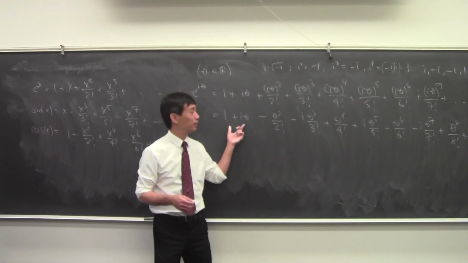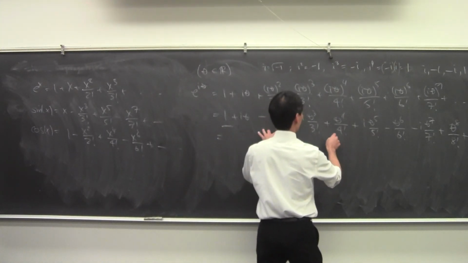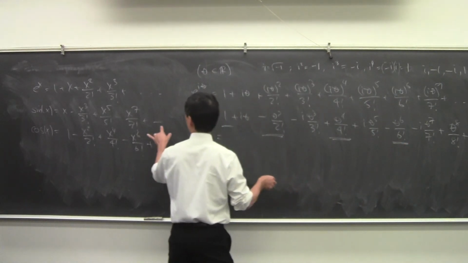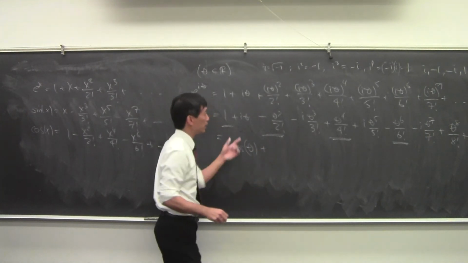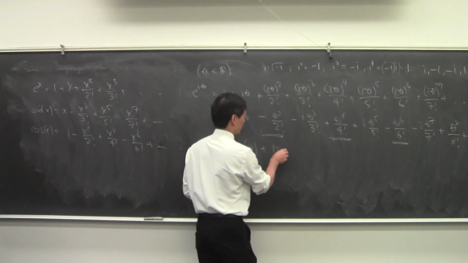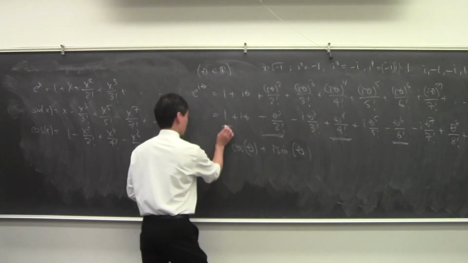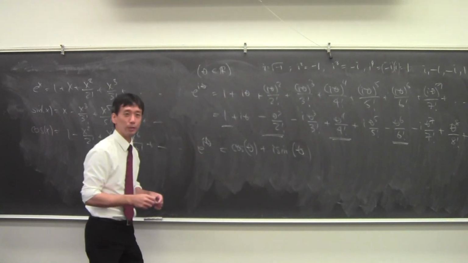So you get 1 minus theta squared over 2 plus theta to the 4th minus theta to the 6th, blah, blah, blah. Well, that is the cosine of theta, right? What's the other thing you get? i sine theta. So e to the i theta is actually cosine theta plus i sine theta.